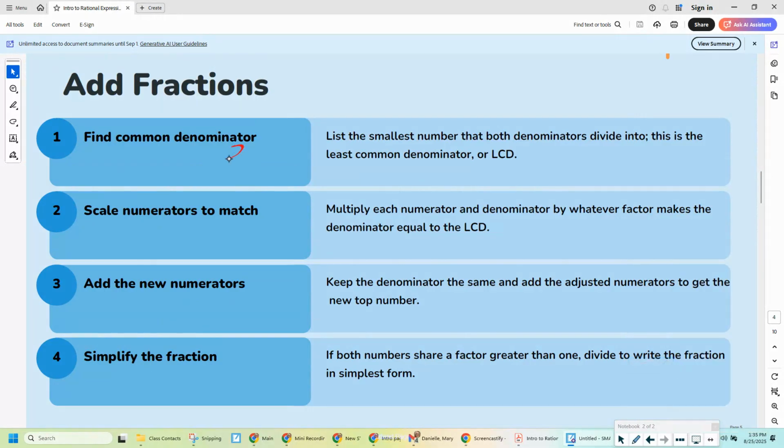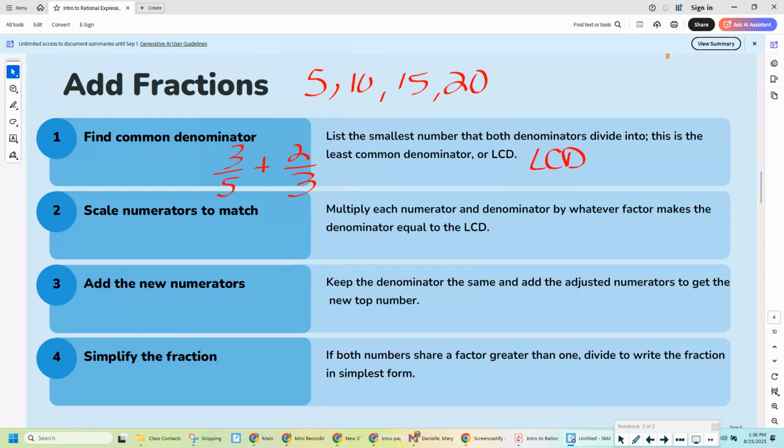So say I want to add 3 over 5 plus 2 over 3. What is the smallest number that both denominators divide into? And that is our least common denominator. So we're looking for our least common denominator. I know that multiples of 5 are 5, 10, 15, 20.